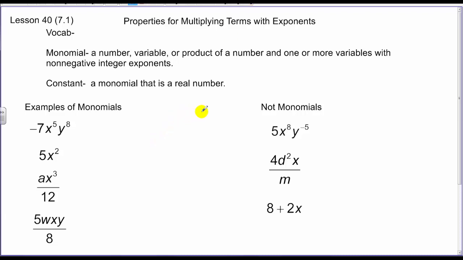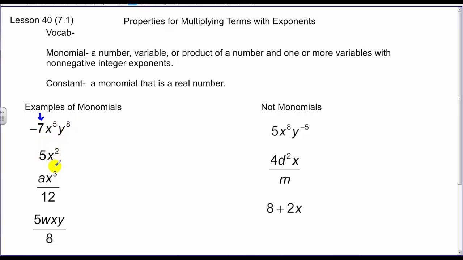So, for instance, we have a monomial in the left-hand column listed. Notice here are multiplications of positive variables with positive exponents. This -7 is our constant. The constant does not have to be positive.